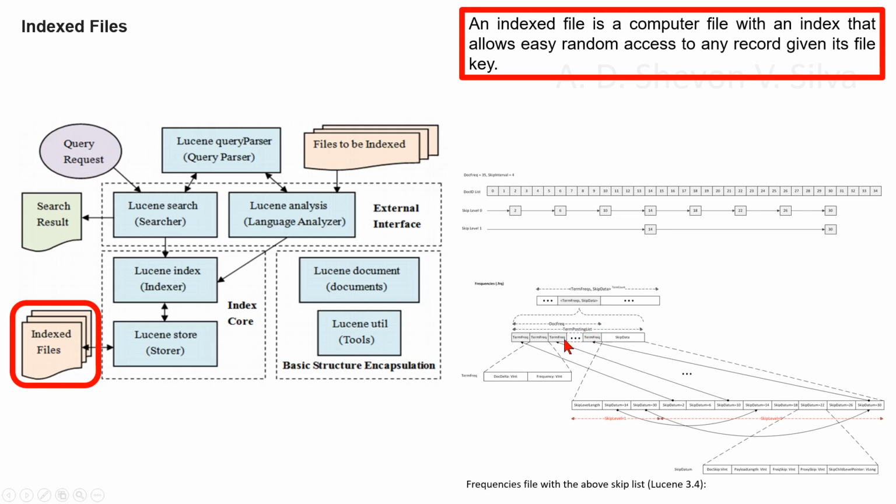Thus, when there are 35 documents, skip level 0 should include documents 3, 7, 11, 15, 19, 23, 27 and 31, and skip level 1 should include documents 15 and 31. But in the real implementation, we store the previous docs, as shown here.